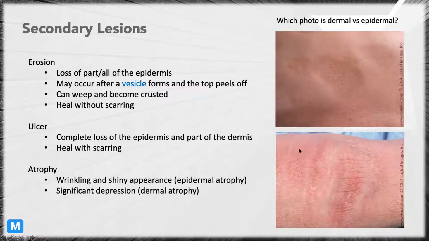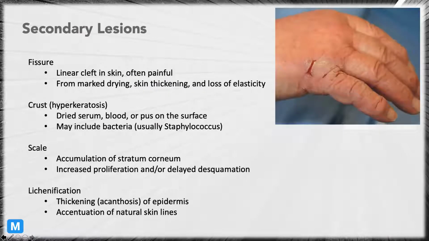To conclude, this is more of an epidermal process because you can appreciate what's happening on the superficial layer of the skin, and this is more dermal atrophy. The reason we want to emphasize this is because the differential can be very different for dermal versus epidermal atrophy. The last four secondary lesions you want to describe are fissure, crust, scales, and lichenification.